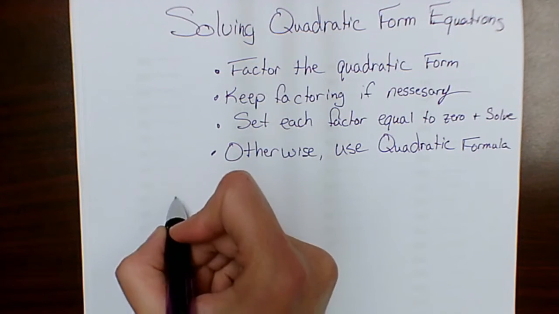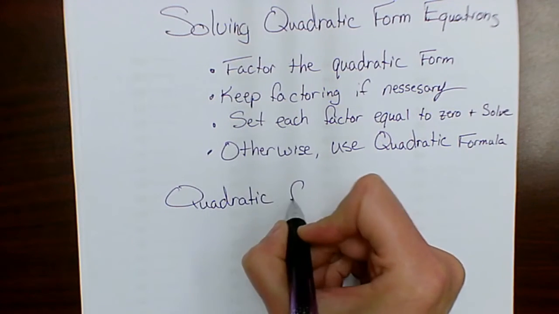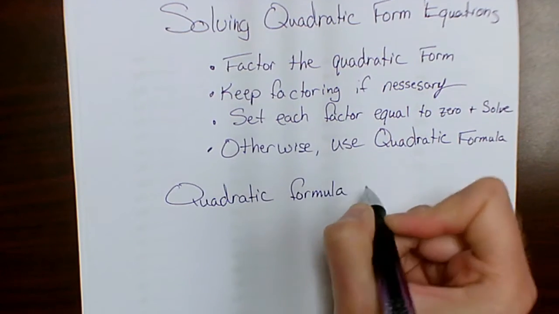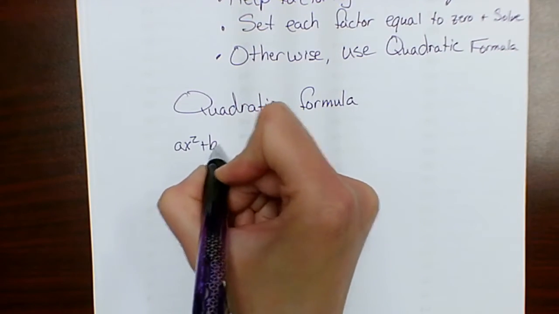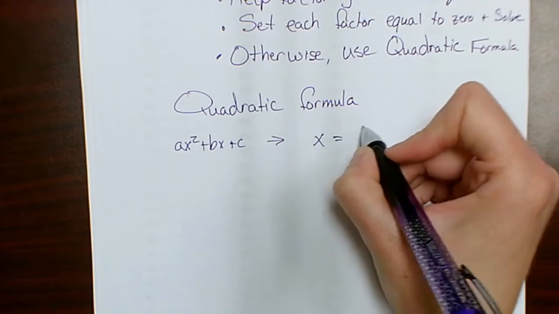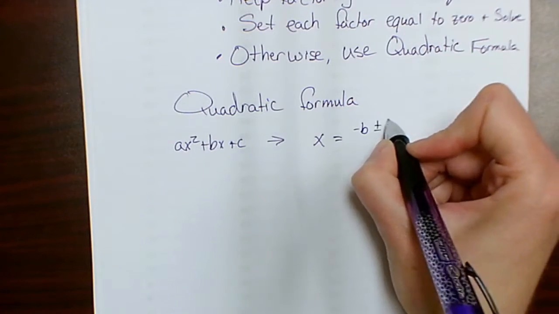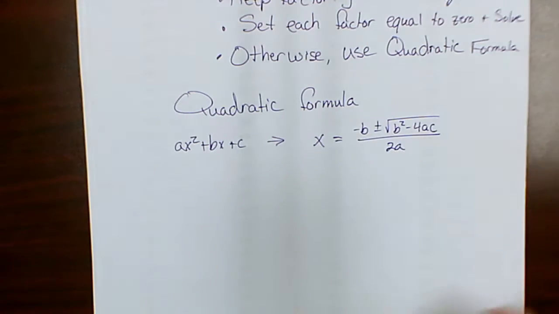So the quadratic formula for ax squared plus bx plus c is just x equals negative b plus or minus the square root of b squared minus 4ac all over 2a.